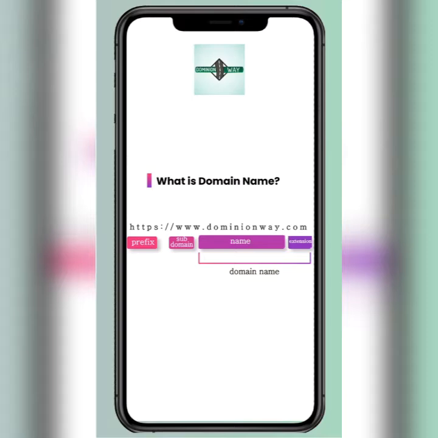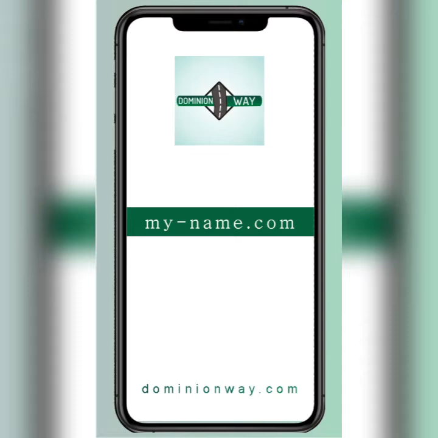That is why you may see some websites that have numbers or special characters in them. For example, you can see a website that has my-name-is or my-hyphen-name, because domain names are always unique.